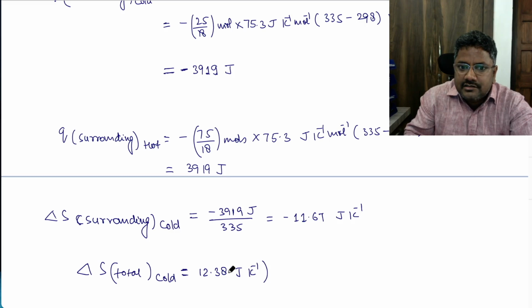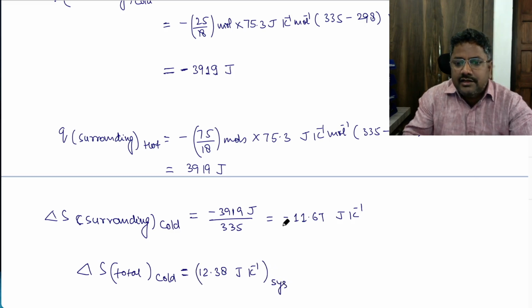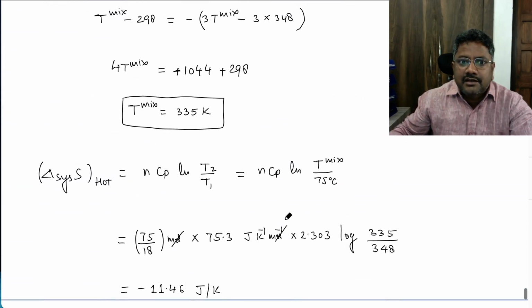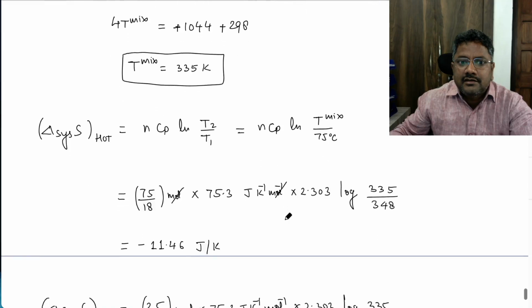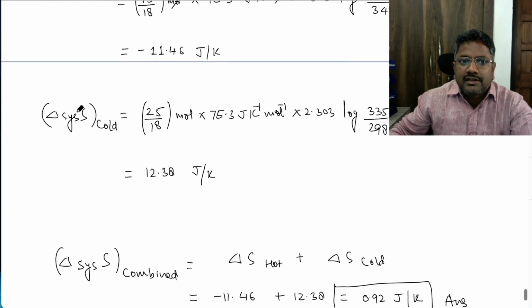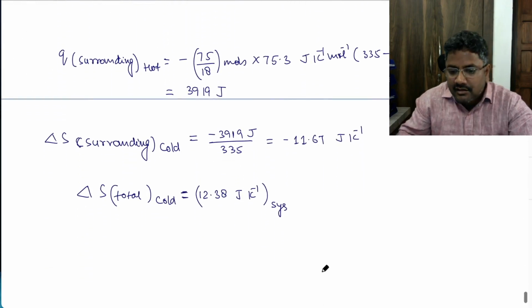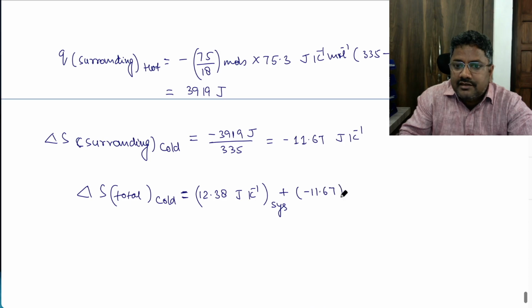This is the system, which we have calculated in the previous question, plus this minus 11.67 joules per Kelvin, right?